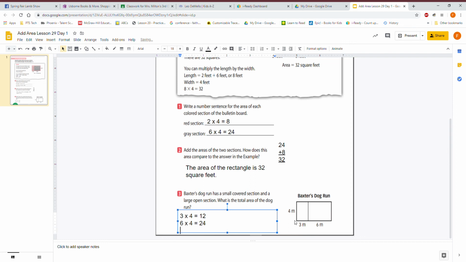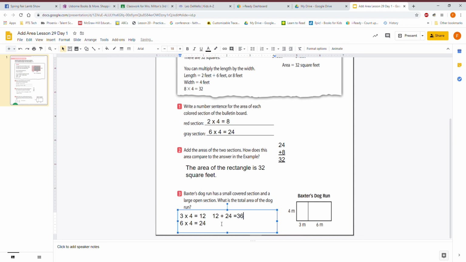Now I go over here and I'm going to add 12 plus 24 equals, so I'd add my 1s, 4 plus 2 is 6, add my 10s, 2 and 1 is 3.